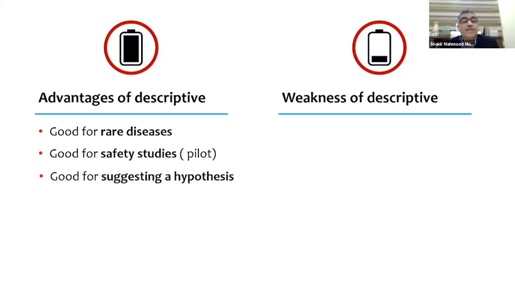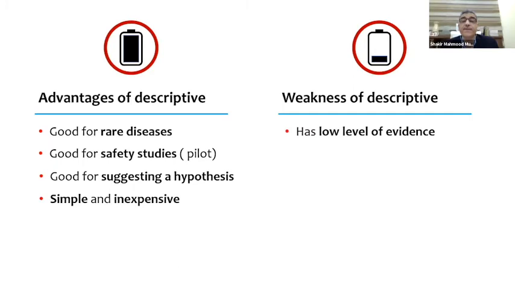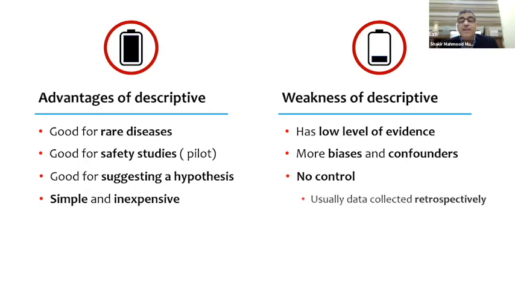It is good for suggesting hypotheses. For example, if we find that 50% of hypertensives are obese, probably this will ignite a search to find whether there is a correlation between obesity and hypertension. Of course it is simple and inexpensive. Regarding the weaknesses, as we saw, it has a low level of evidence, a lot of biases and confounders, no control, and it is usually retrospective.